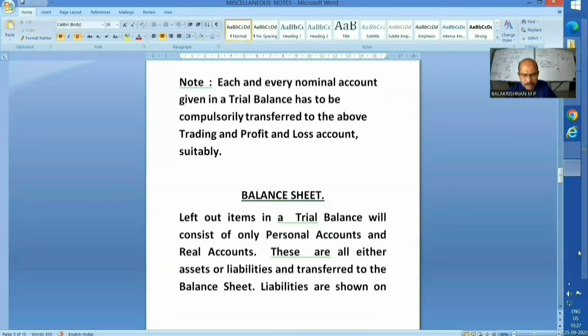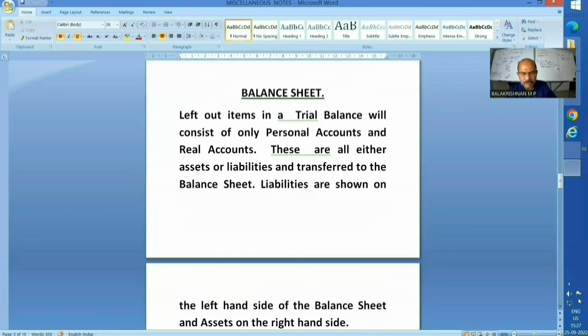Next one is the balance sheet, the final one. Left out items in a trial balance will consist of only personal accounts and real accounts, because we have exhausted all the nominal accounts. These are all either assets or liabilities and are transferred to the balance sheet.